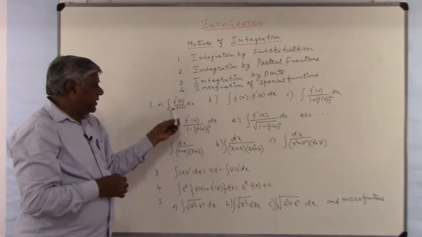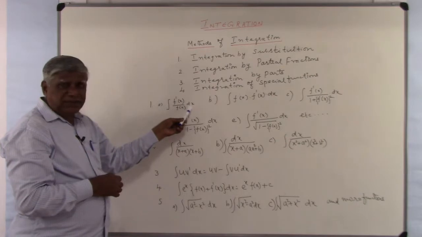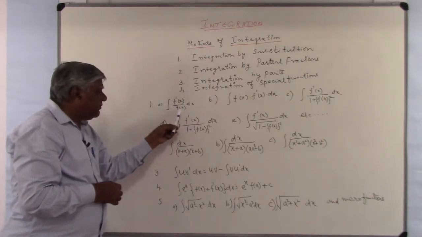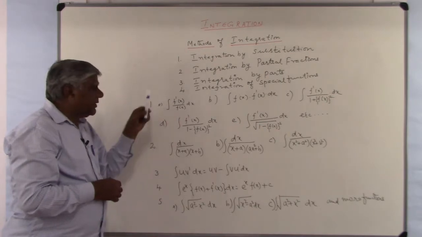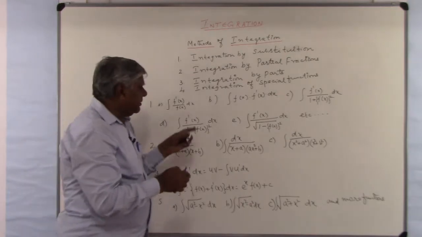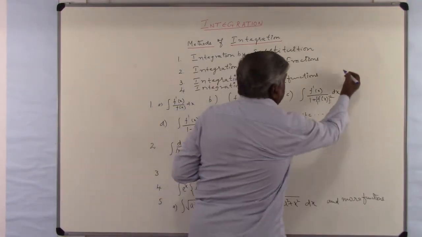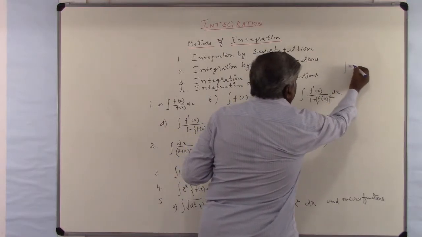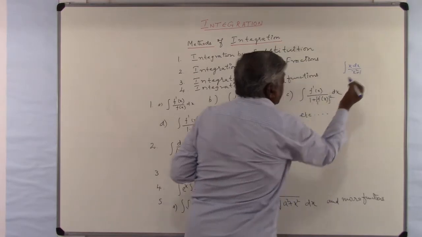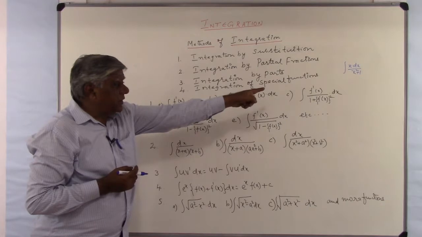So that is how we have selected this integral f dash x by f of x dx. This f dash x is the differentiation of f x. For example, I will explain to you what is f dash x. Say, for example, integral x dx by x square plus 1.